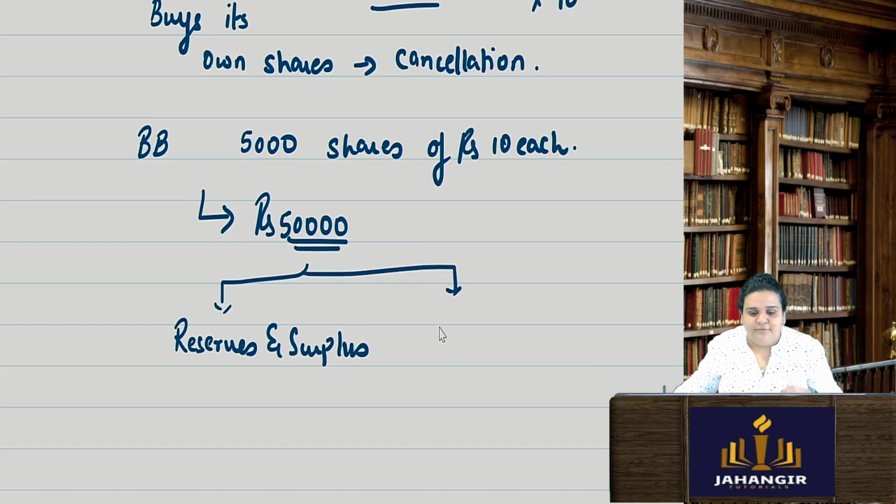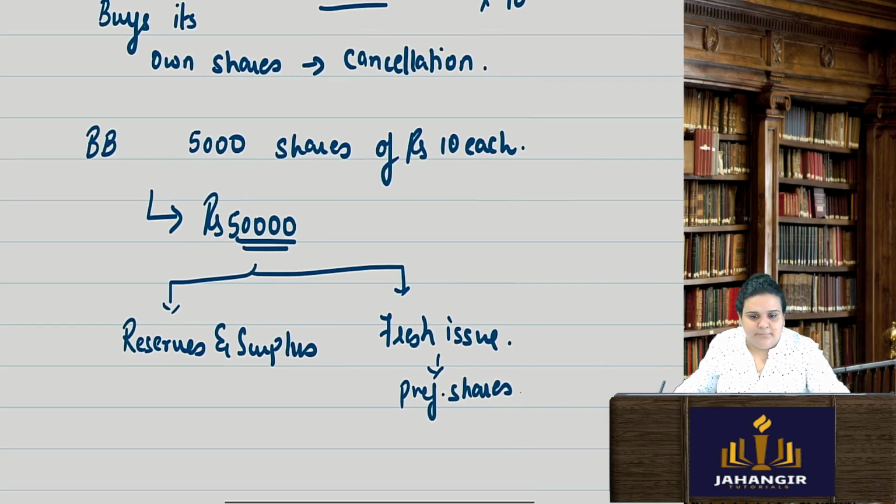Or they can make a fresh issue of other class of share. Other class means again not the same class, like not again share of rupees 10 each. They can make another class of share, like say they can do a fresh issue of preference shares. If they do not have that much of money in their reserves and surplus, then the Companies Act has given them this, that they can either do it from their reserves if they have that.